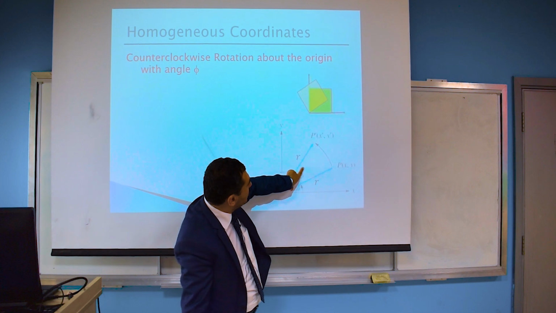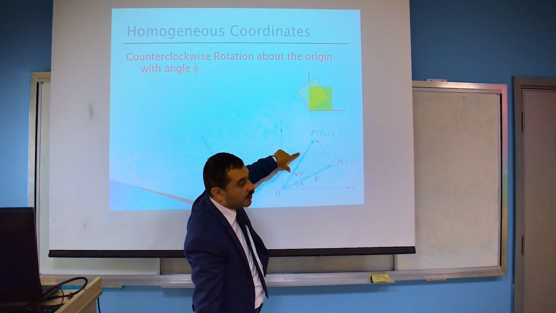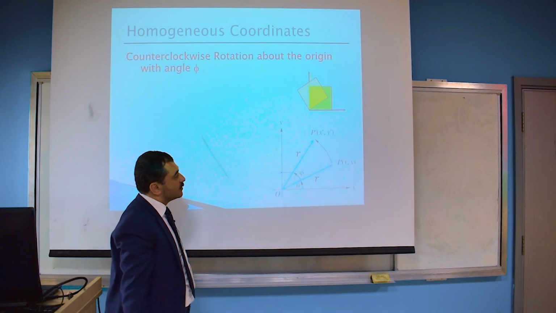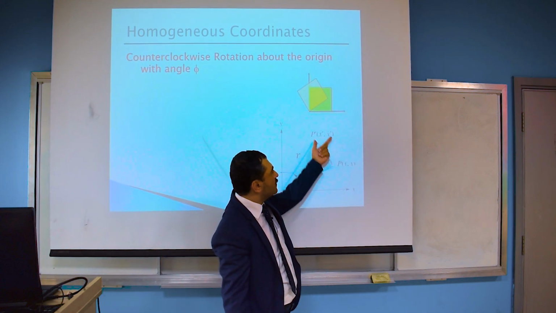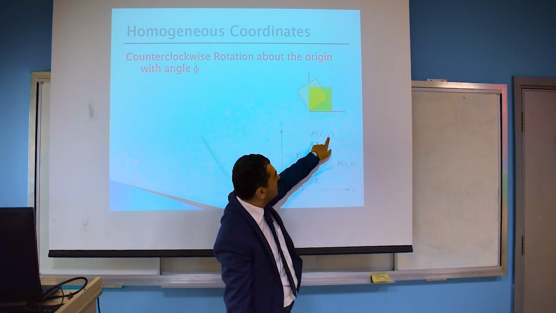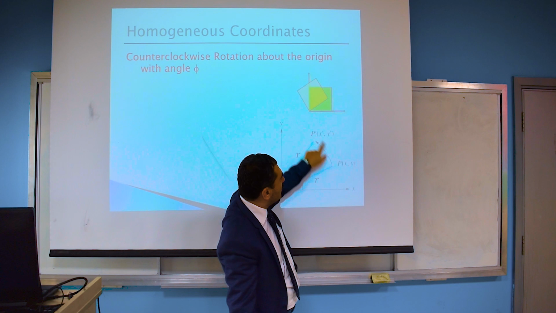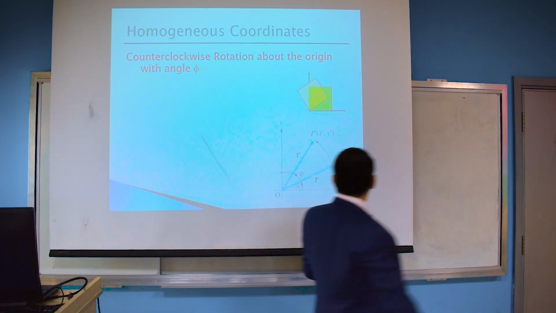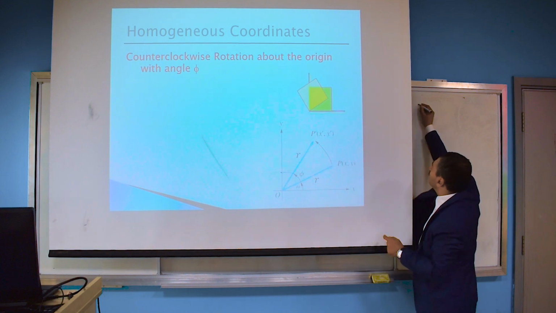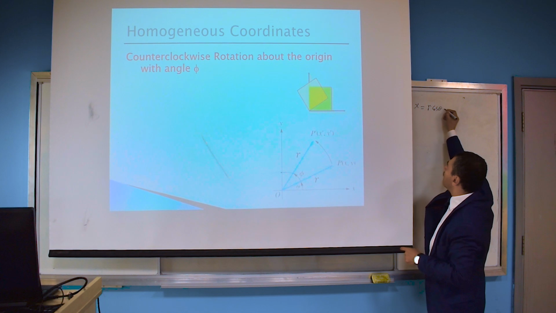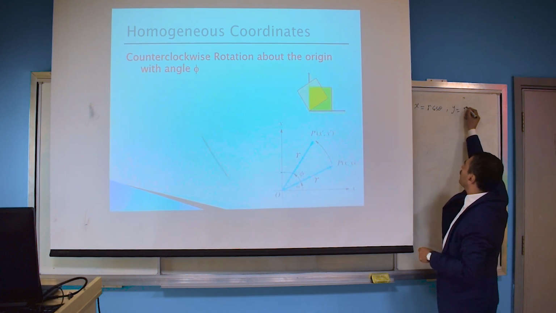If you do rotation by angle phi, you will get the same r, but the angle would be theta plus phi. So this is the original x and y, this is the transformed one. Let's try to write the transformed point in terms of the original point and the angle phi. So we have x in polar coordinates equal r cosine theta, and y equal r sine theta.